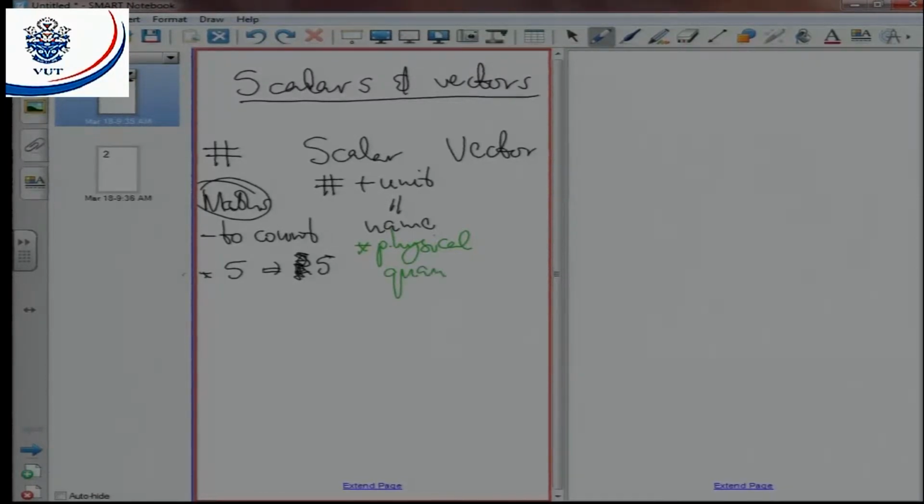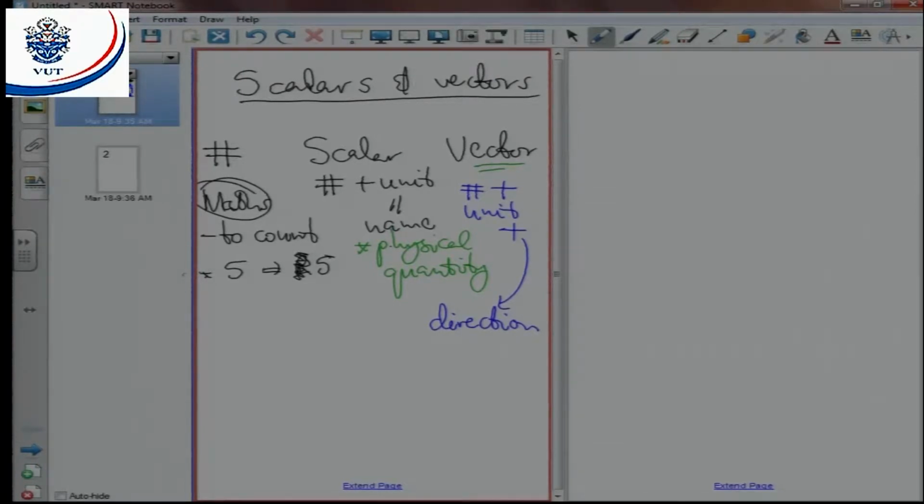Okay, and then finally, let's look at what is a vector. A vector is a number plus a unit plus direction.